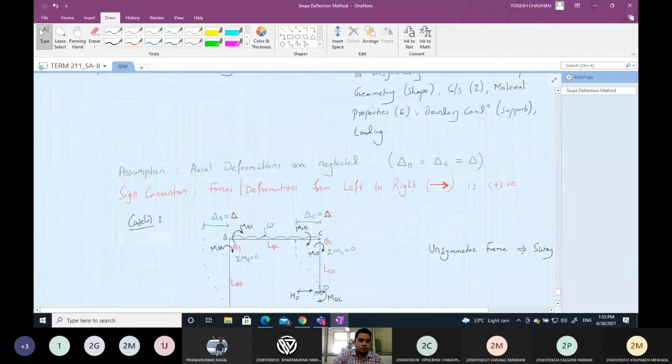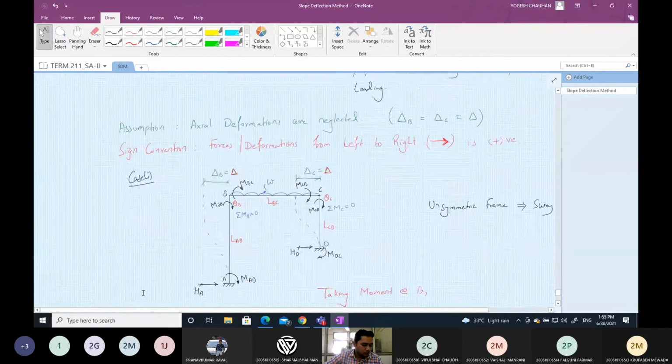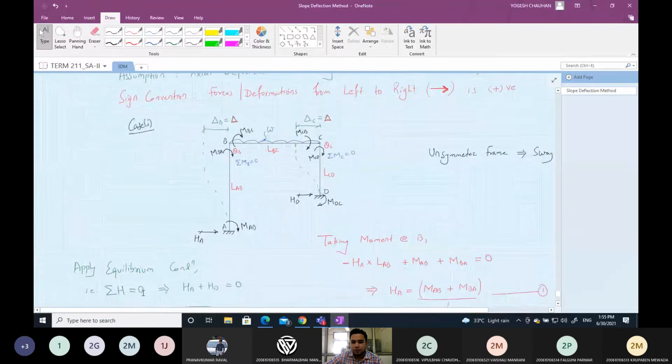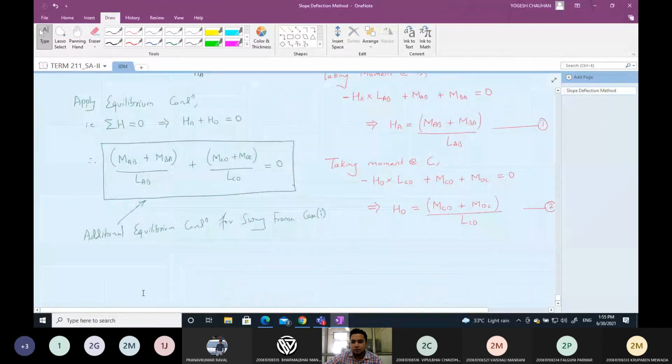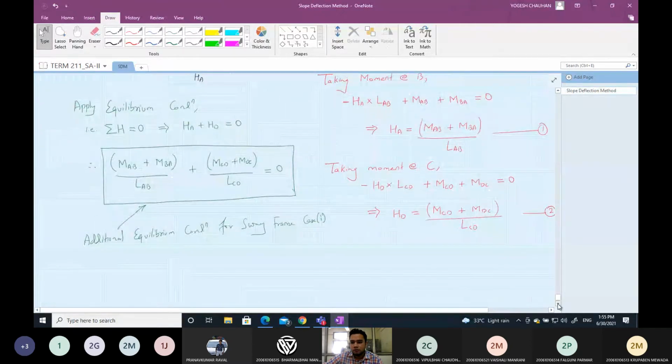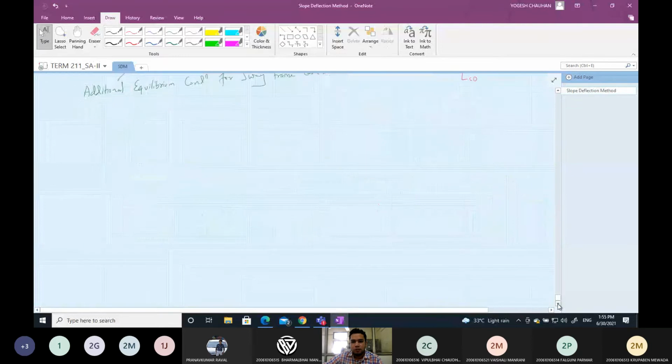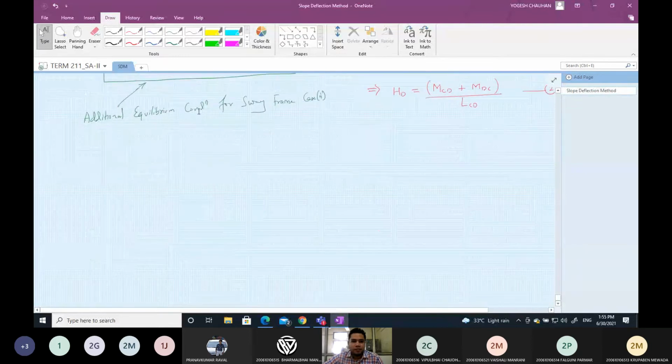Okay. Now let us take another case in which some lateral load is present. However, the concept of formulating the additional equilibrium condition for sway will be the same.